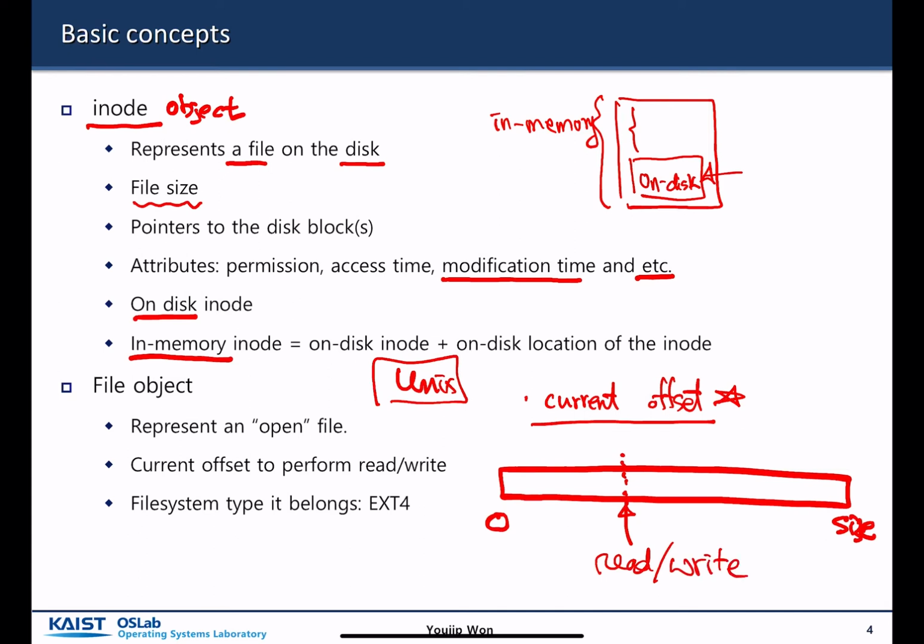Once the read or write system call is applied, the offset is updated by the amount of data that has been read or written based upon the read or write system call. So it is updated. Okay, so there are 2 concepts, inode and file object.